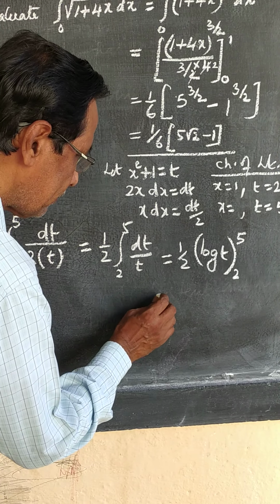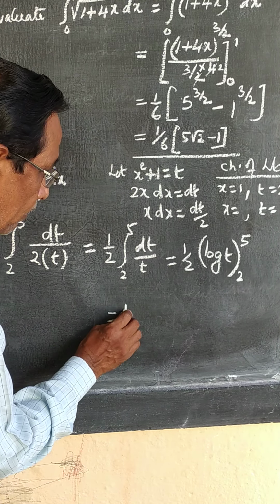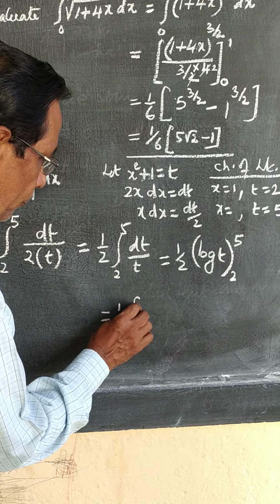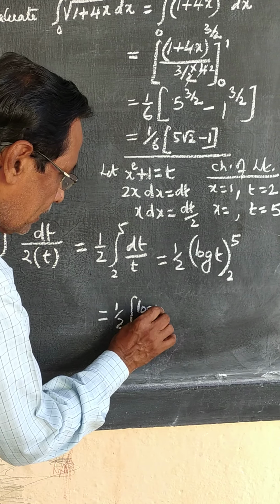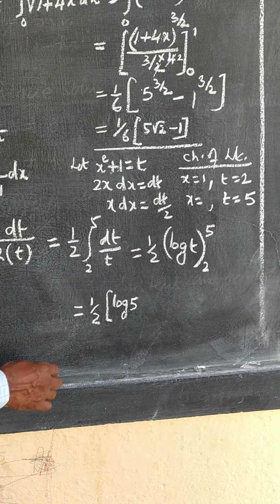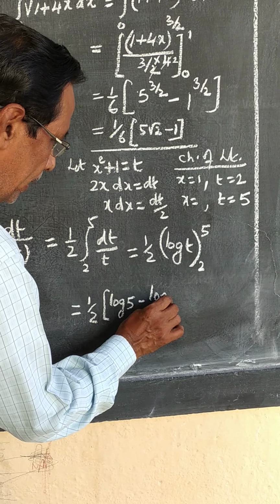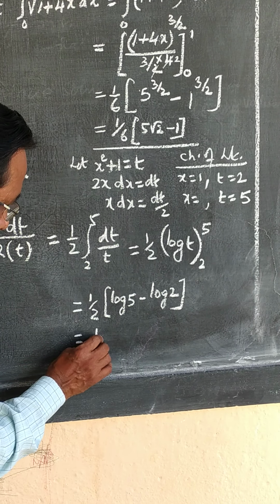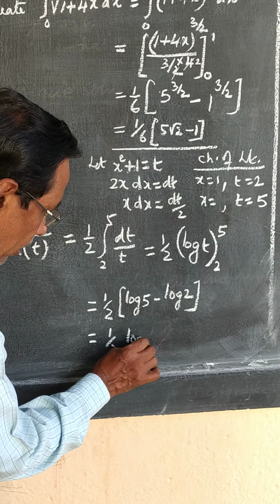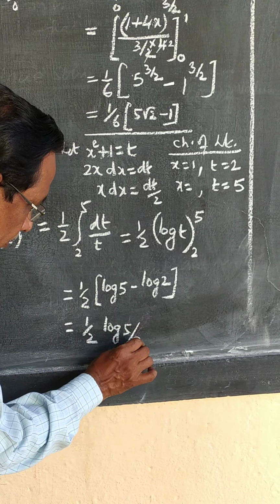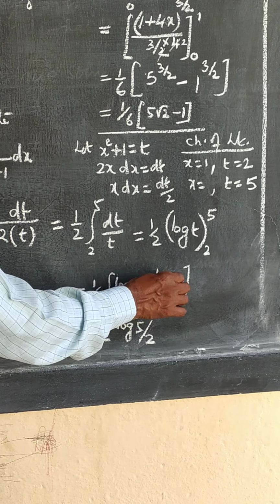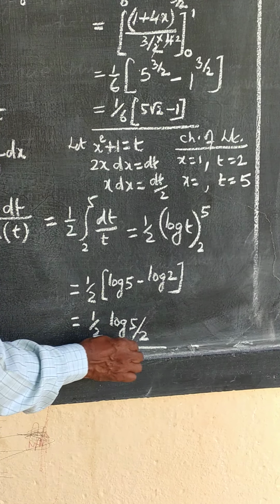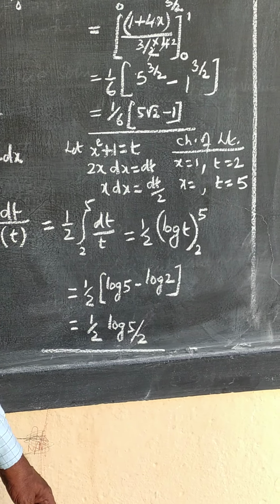That is 1 by 2 (log 5 minus log 2), upper limit substitution log 5 minus lower limit substitution log 2. This again can be simplified as 1 by 2 log 5 by 2, because log m minus log n is equal to log m by n. This is the answer.